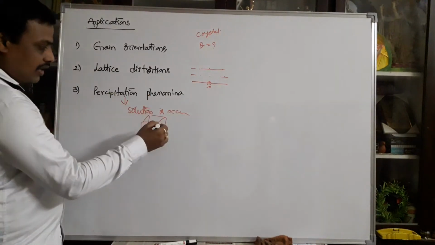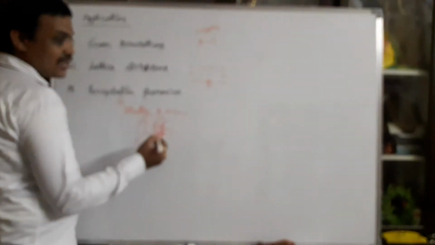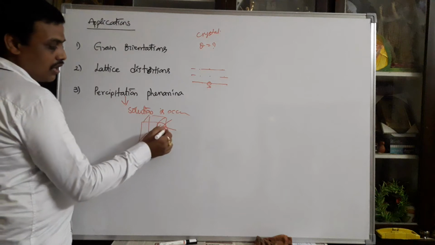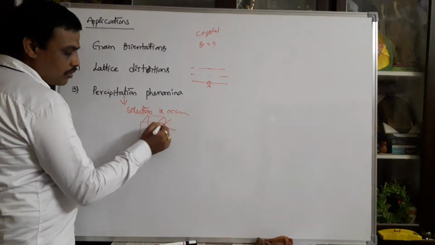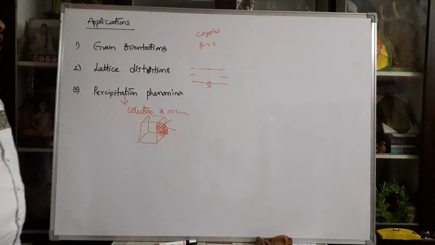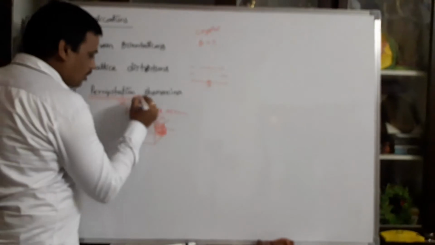At what condition is the liquid existing? At this condition diffraction is affected. Based on the diffraction condition, the volume occupied by the liquid can be explained by using the Laue experiment. That phenomenon is called precipitation phenomena.